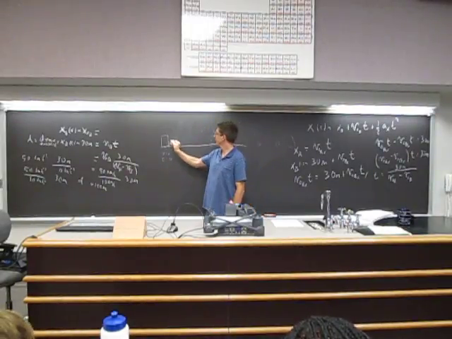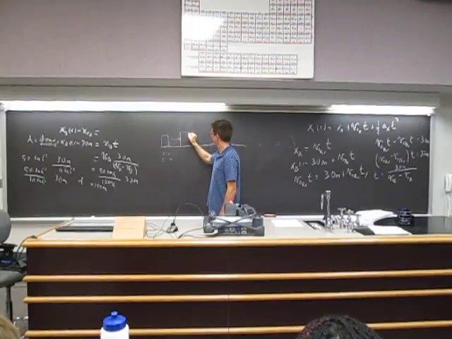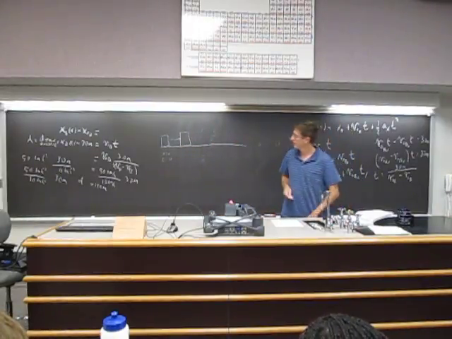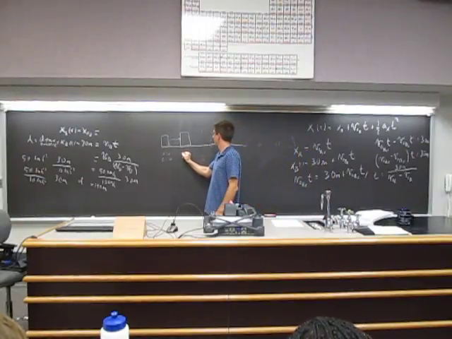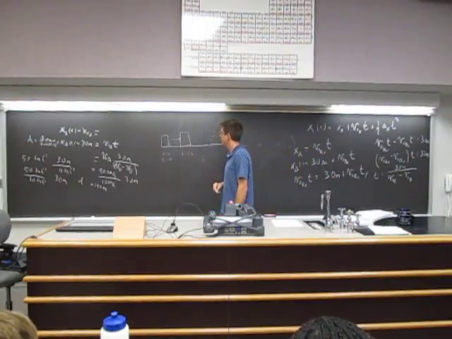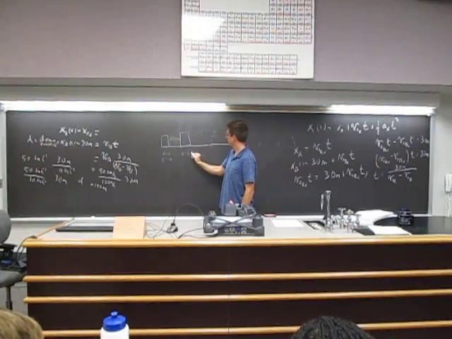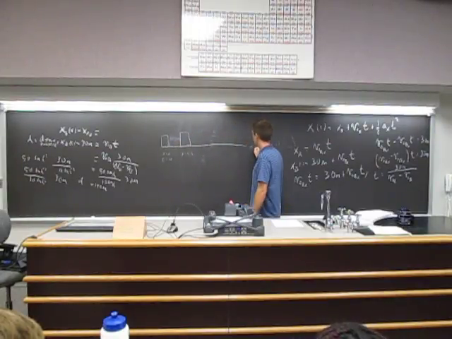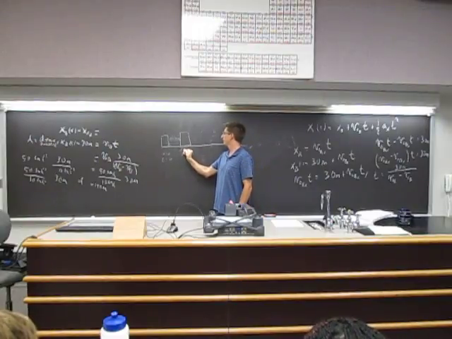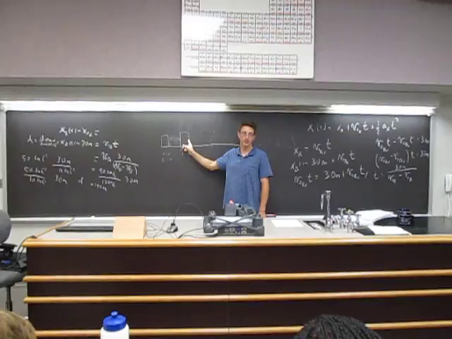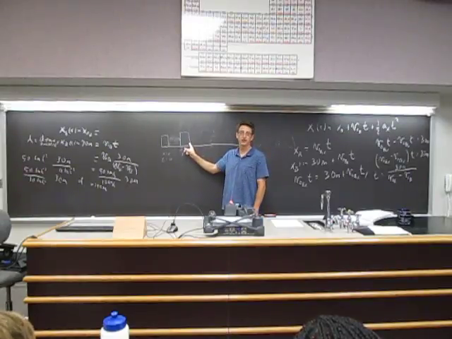The runner accelerates for 5 seconds. At 5 seconds, let me just represent this as an X. I don't know what position this is, but after this they move at a constant speed.